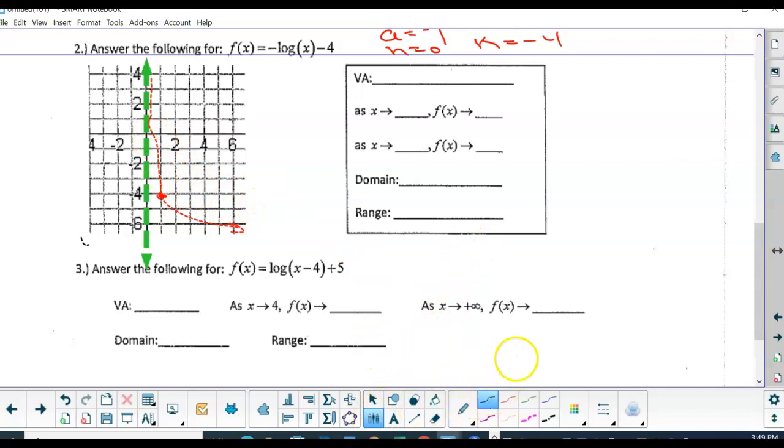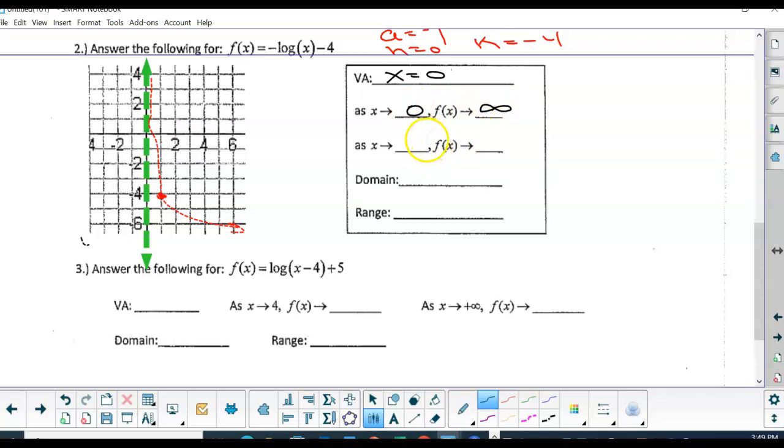Now I can start filling in my values up here. My vertical asymptote is x equal to 0. As x goes to 0, f of x goes to infinity.